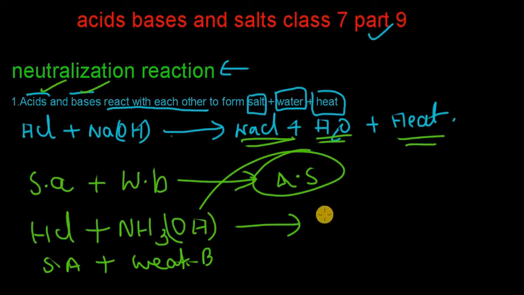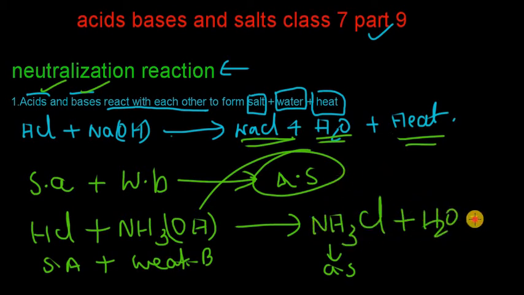Here ammonium chloride is produced, and this ammonium chloride is an acidic salt, plus water, and heat is released. If I react a strong acid with a weak base, I will always get an acidic salt.